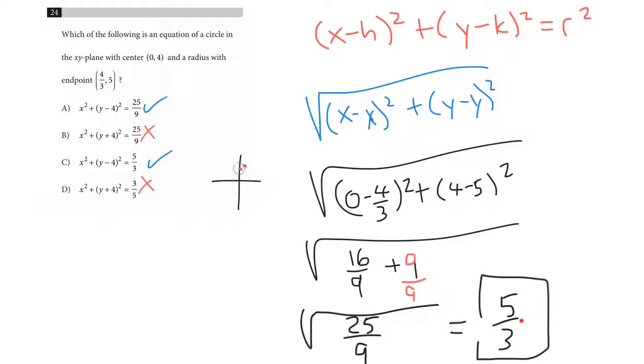So the question is, what is this squared? Well, it so happens that squaring it would give us 25 over 9 again. So the answer is that one, because we found the radius, but we have to square it, and it becomes 25 over 9 as a result. Moving on.